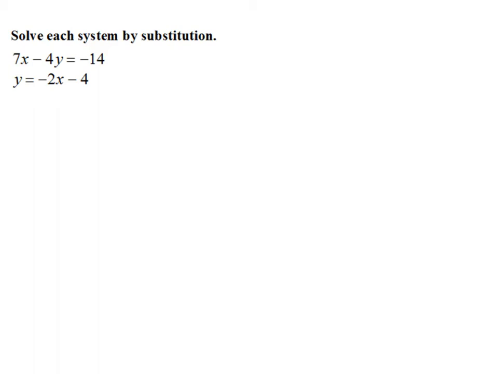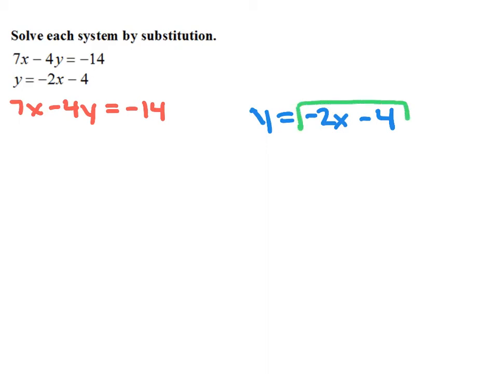In this example, I'm given the equations 7x minus 4y equals negative 14 and y equals negative 2x minus 4. Now since y is already by itself, I can take this entire expression and substitute it for y in my original equation.